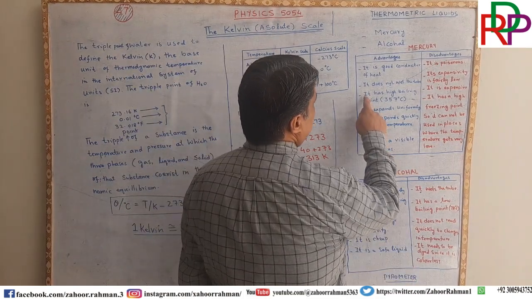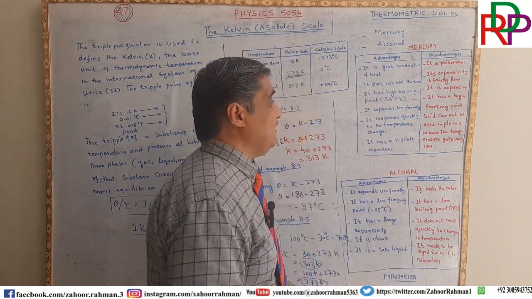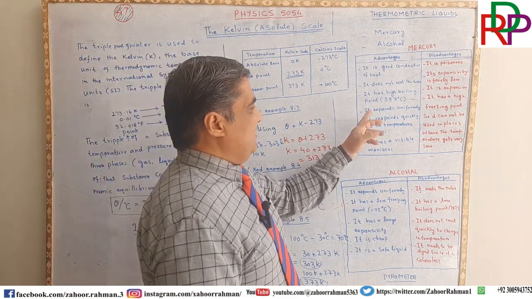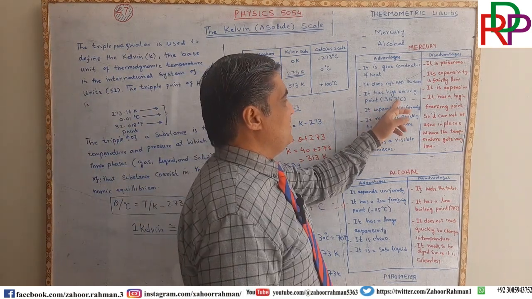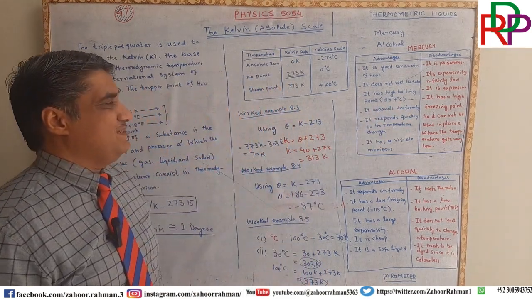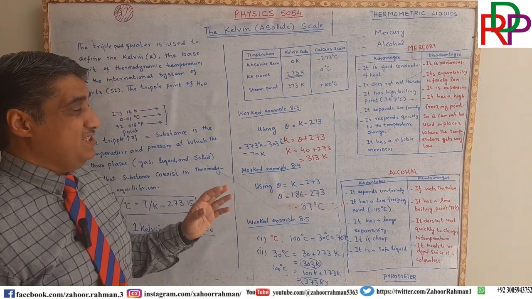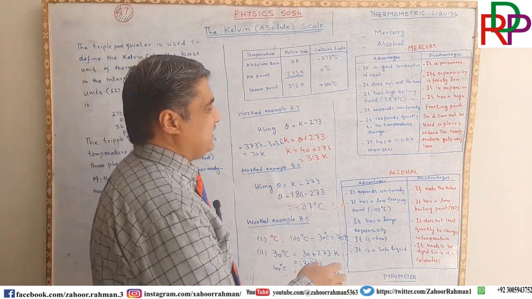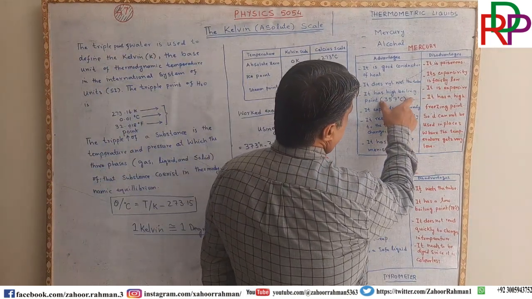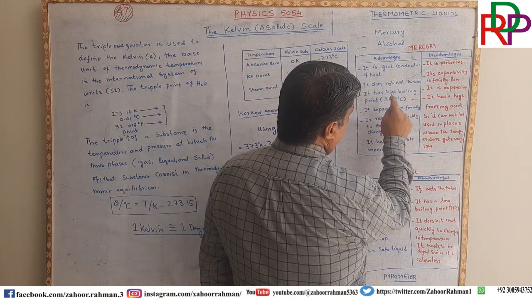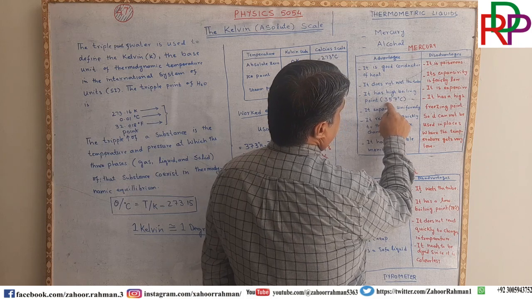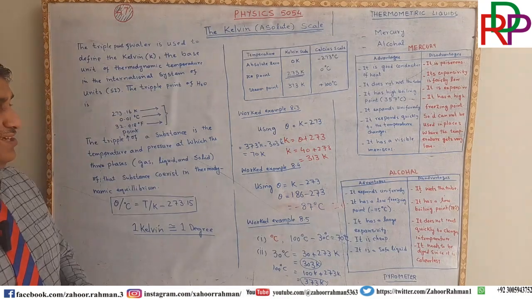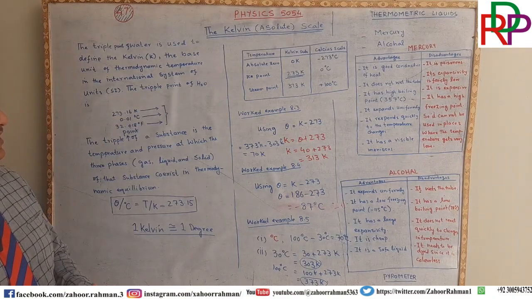The third one is it has a high boiling point. Yes, it has 357 degrees Celsius as its boiling point. This is another advantage. What does it mean? It means that we can measure high temperature, up to 357 degrees Celsius, when we are using mercury inside.